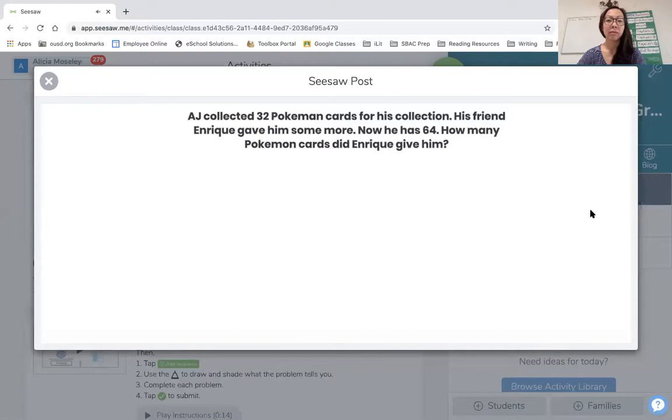Let's start with our highlighter tool. We can see that AJ has 32 Pokemon cards. Let's write that number. Then his friend Enrique gave him some more. We don't know how many, so we'll put a question mark there. But we know he gave him more, so we're adding.